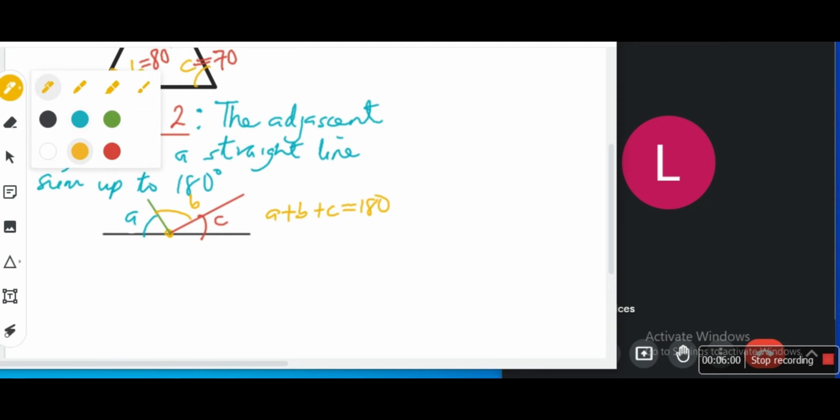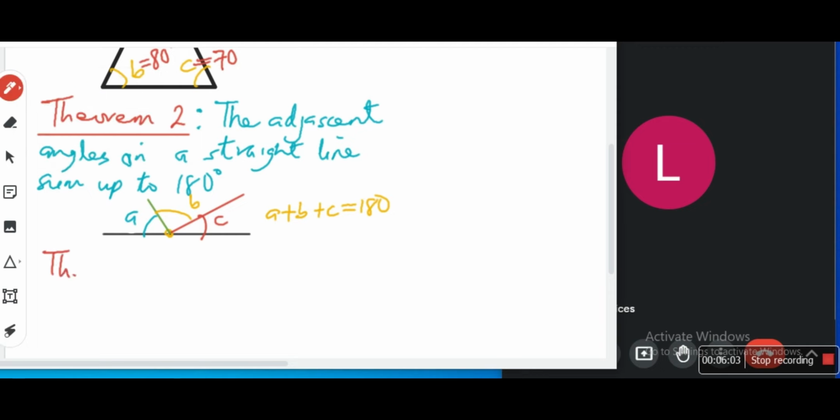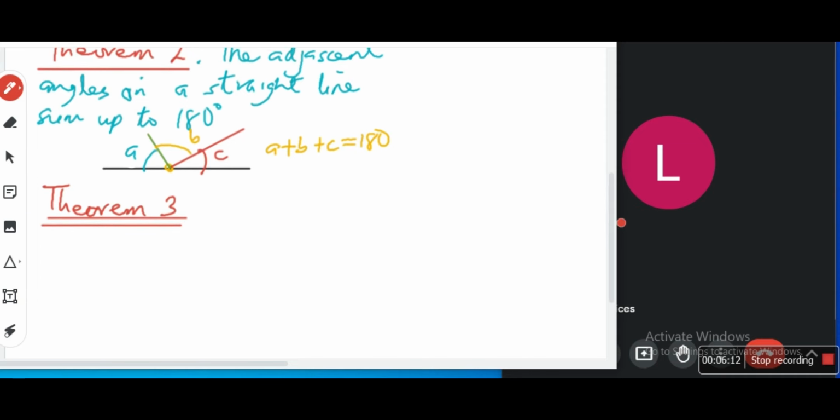So let's look at another theorem, Theorem 3.